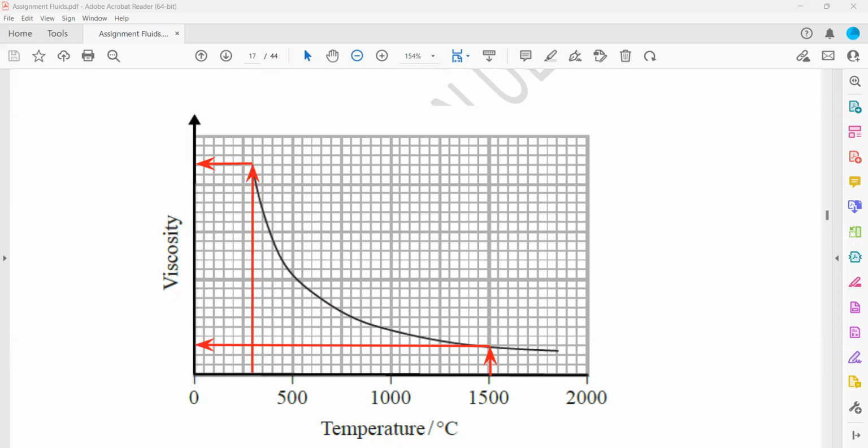So it's a similar answer, you just have to mention it with reference to the graph, as it's a curve and shows that when the temperature increases, the viscosity will decrease. And when the viscosity decreases, the substance can flow easily, so we can deform or shape the glass.